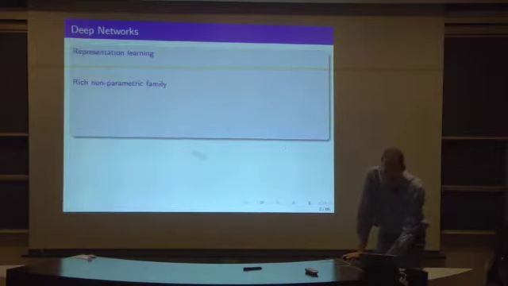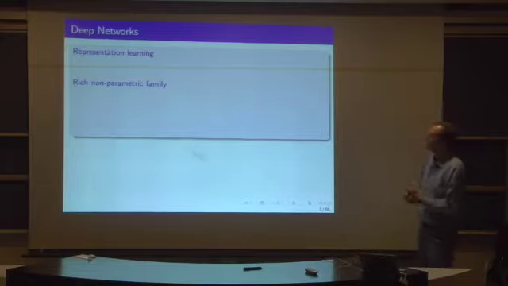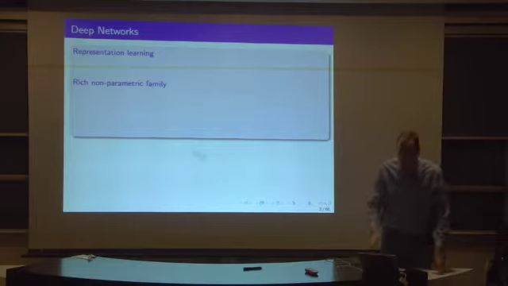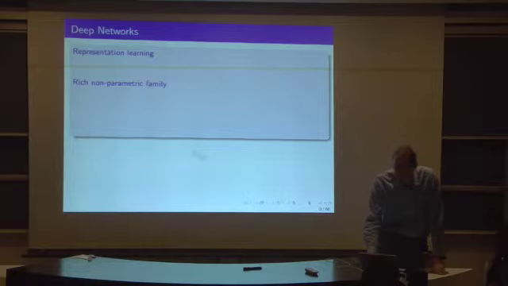Okay, so why would we study these things? Well, why have certain instances been so successful? The claim is that somehow they're learning useful representations, and it's a rich non-parametric family of functions for doing that.